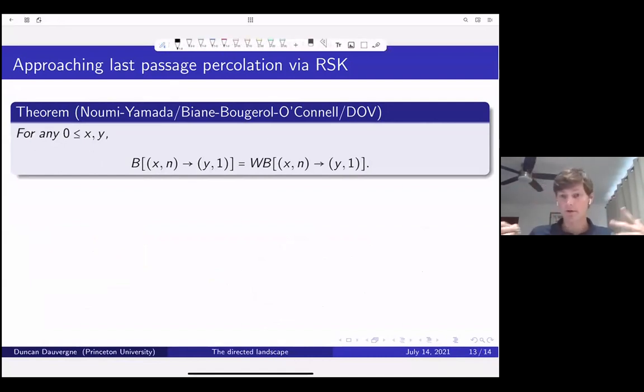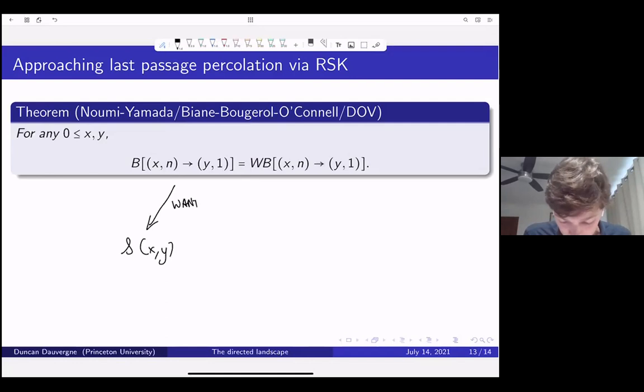So this suggests the following really loose strategy for trying to construct the Airy sheet. This last passage from the bottom to the top line should converge to the Airy sheet. This is what we want. And this should occur in this KPZ scaling. And we know that WB converges to the Airy line ensemble in the KPZ scaling.